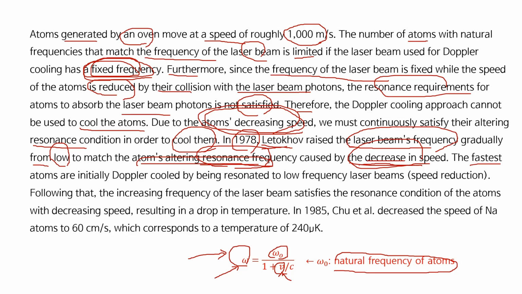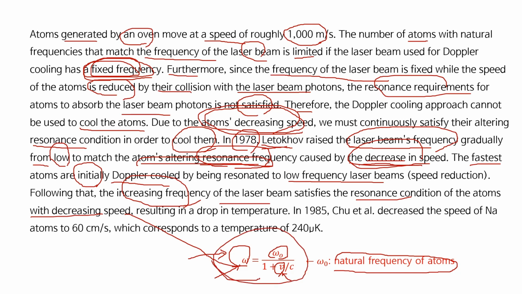The fastest atoms are initially cooled by being resonated by a low frequency laser beam. Okay. Following that, the increasing frequency of the laser beam satisfies the resonance condition of the atoms with a decreasing speed, as seen in this equation, resulting in a drop in temperature.